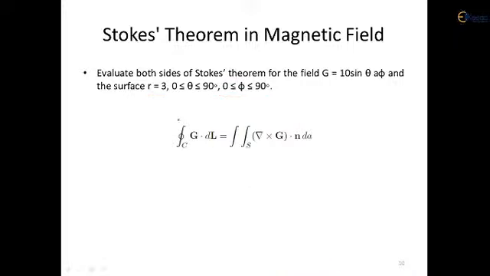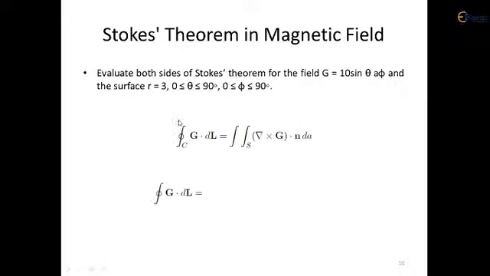So this information we can utilize for finding the corresponding solution here. First of all we shall have the solution for the left hand side, that is the closed contour integral of G bar dot dl bar. This is the line integral we have to see, first for the range of theta and then for phi.